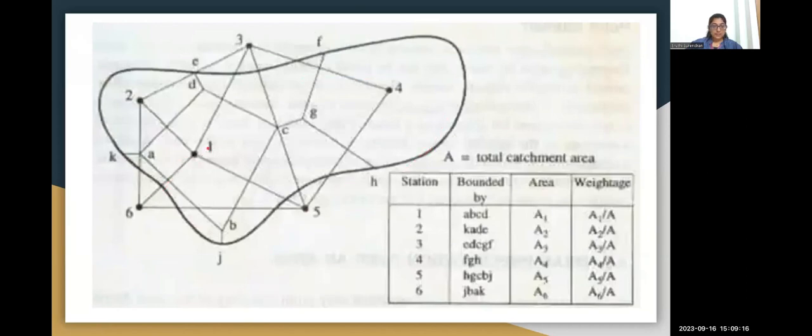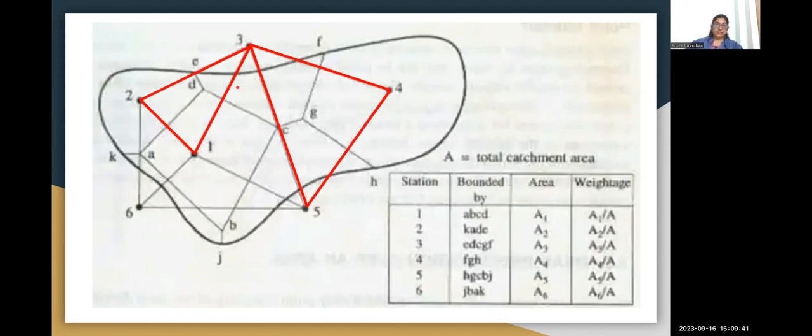And if these dots that are numbered 1, 2, 3, 4, 5, and 6 are the rain gauges inside this basin, then what is done is all these rain gauges are connected together to form triangles. You can see here 1, 2, 3 are connected to form a triangle. 3, 5, 4 are connected to form a triangle. 3, 1, 5 is connected to form a triangle like this.